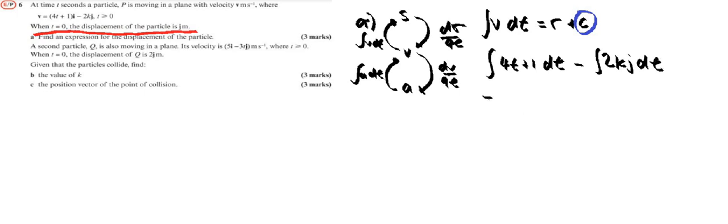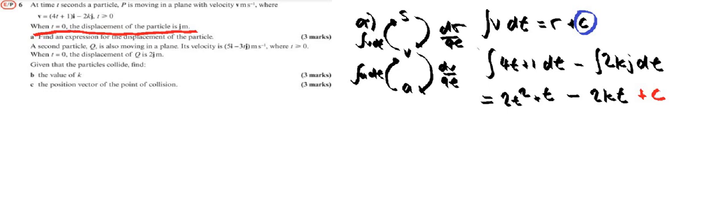Okay, so when I integrate, 4t becomes 4t squared divided by 2, so that's 2t squared. My 1 becomes t, and then I'm going to subtract 2kt, and of course I always get an indefinite integral, so I get plus c.